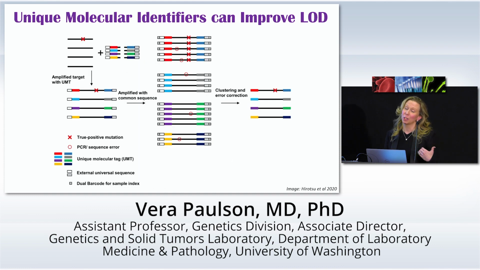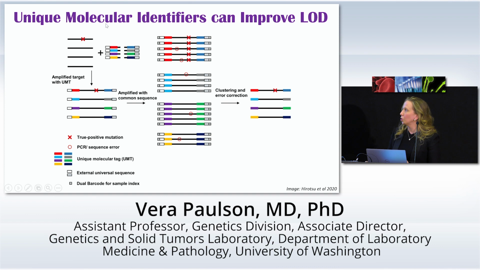Now, next generation sequencing can approach that limit of detection in digital PCR methods. And the way that they can do this is using unique molecular identifiers, UMIs. Some might have heard this as barcodes. So this is basically where, in addition to the barcode that's telling you we have X patient, we also have barcodes that are unique to each fragment of DNA.